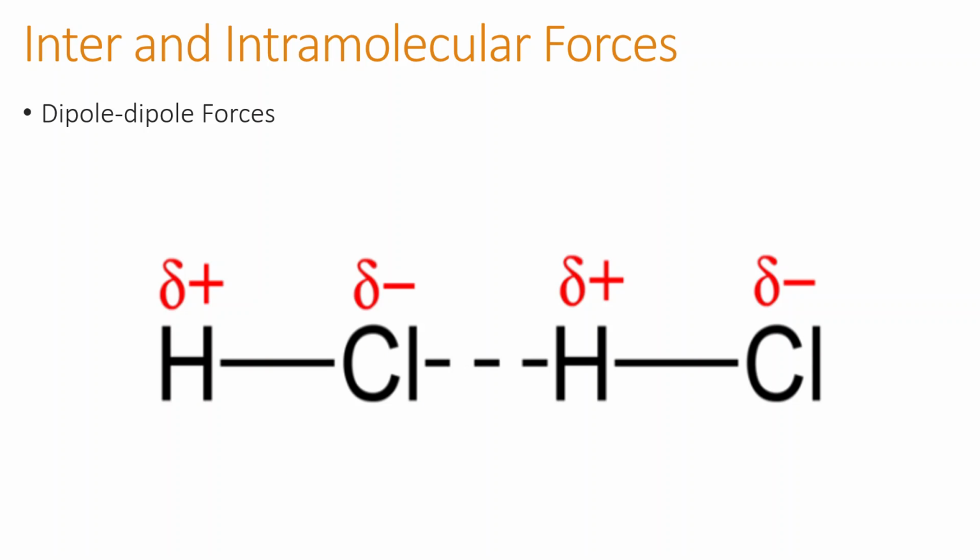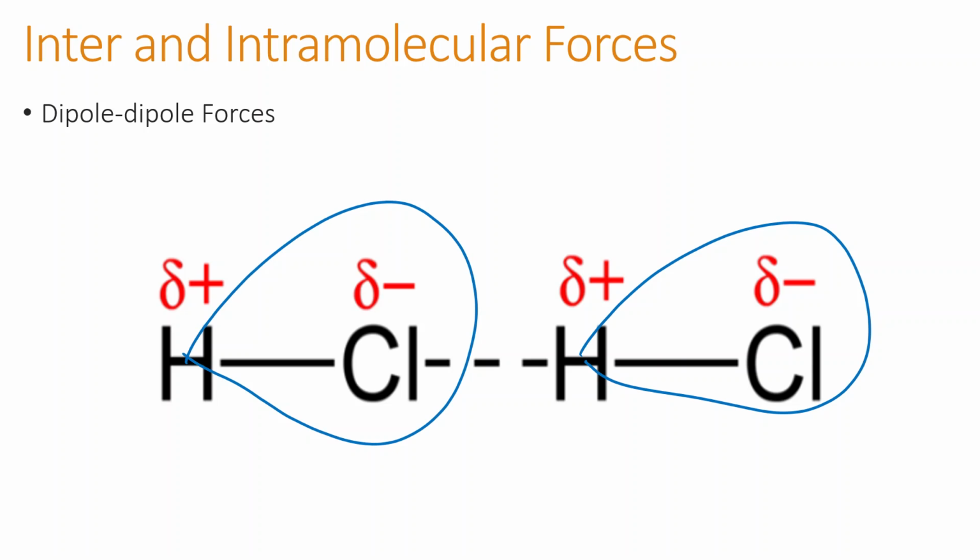These atoms have distorted electron clouds, just as they exist. So one side of that electron cloud is electron poor, forming a delta positive charge, and the other side is electron rich, forming a negative charge.